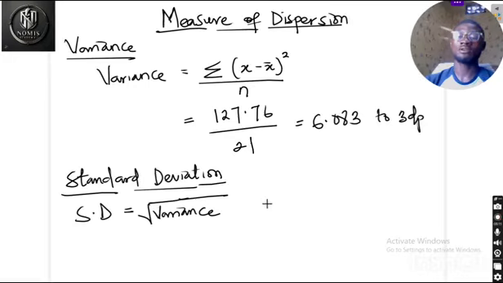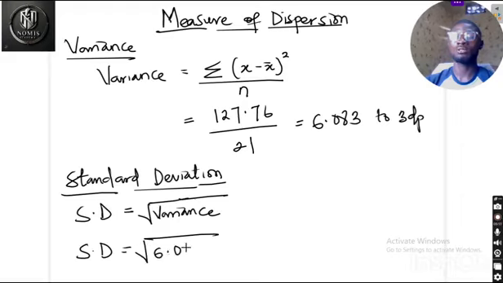Since our variance is equal to 6.083, standard deviation is equal to the square root of 6.083, which is 2.46637.